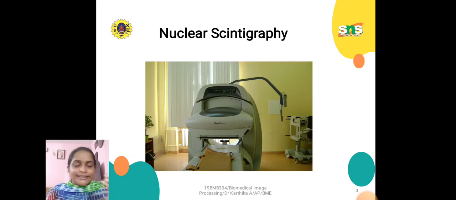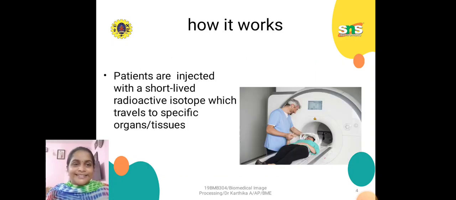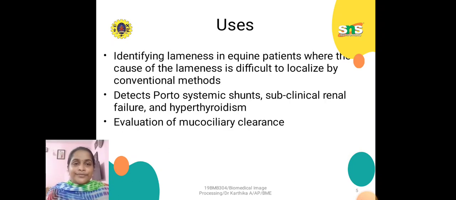Actually, see the nuclear scintigraphy image. This is our nuclear scintigraphy machine. With the help of this, we can get the imaging of our internal organs. How it works: patients are injected with a short-lived radioactive isotope which travels to specific organs and tissues, and it is mainly used to identify lameness in equine patients where the cause of lameness is difficult to localize by conventional methods.